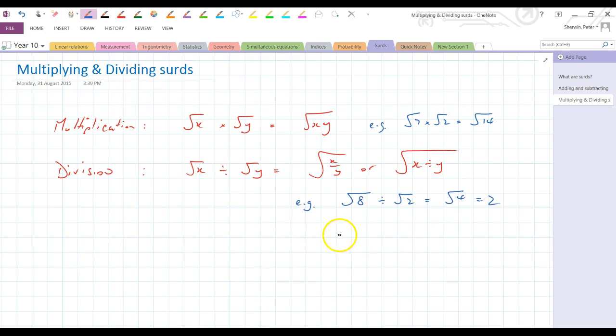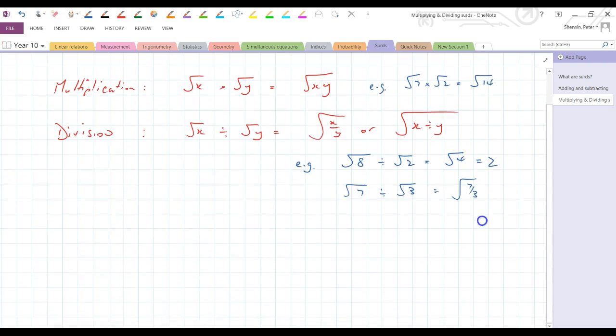Or you could write it as the square root of 7 divided by the square root of 3, which doesn't go in. You wouldn't write that as 7 divided by 3, you'd write it as the square root of 7 over 3. And that would just be how you'd leave it, because 7 and 3 don't come down anymore. So that's what we're working from.